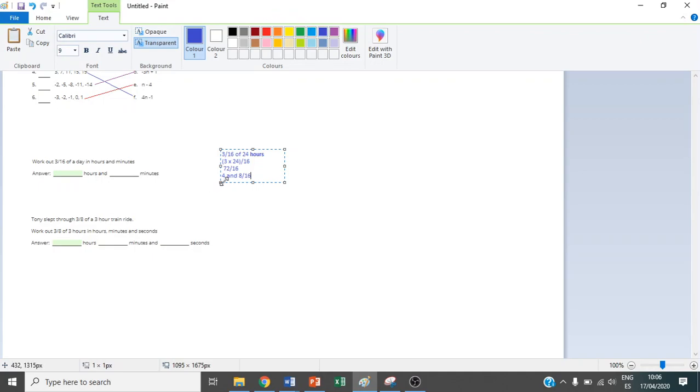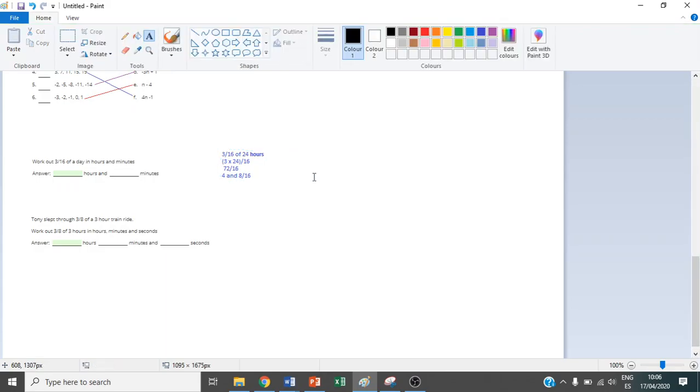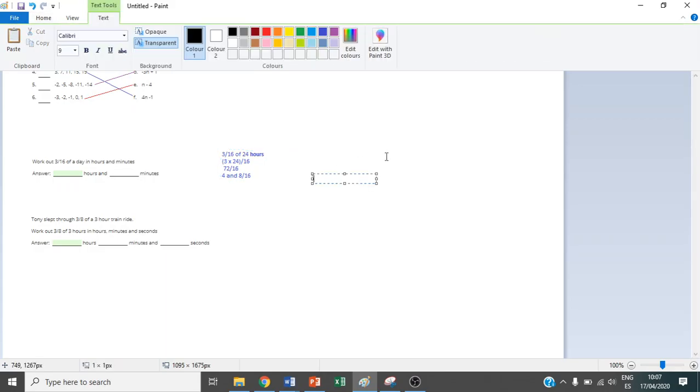Let me take you back through that again. I'll put it over here maybe. My thinking is that 72 is equal to 64 plus 8, right? I couldn't do 72 divided by 16. It doesn't divide nice and perfectly.